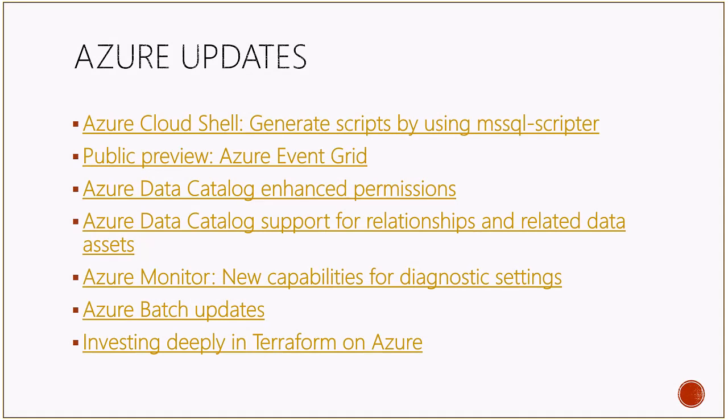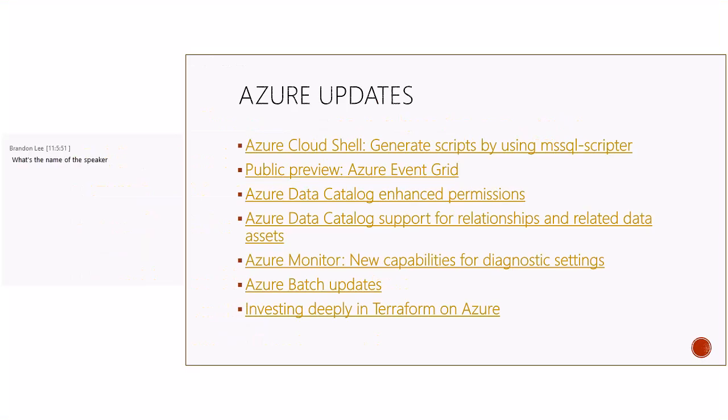Perfect. Sorry about that. As far as Azure updates are concerned, last week we had updates on Data Catalog, where enhanced permissions are provided so that we have fine-grained privileges on who can update and see the metadata in the data catalog.